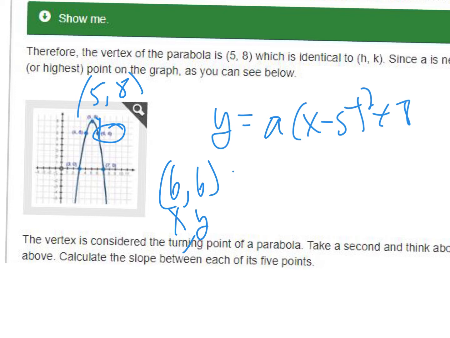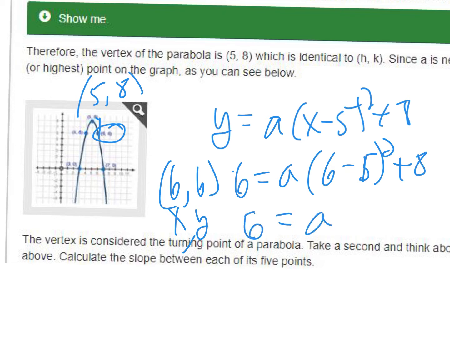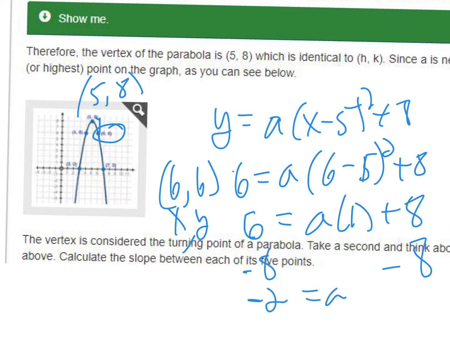So 6 equals a times (6 minus 5) squared plus 8. So 6 minus 5 is 1. So doesn't that become 6 equals a times 1 plus 8? Then we do a little algebra, subtract 8, and lo and behold, a is negative 2. So that would be the equation of this parabola.